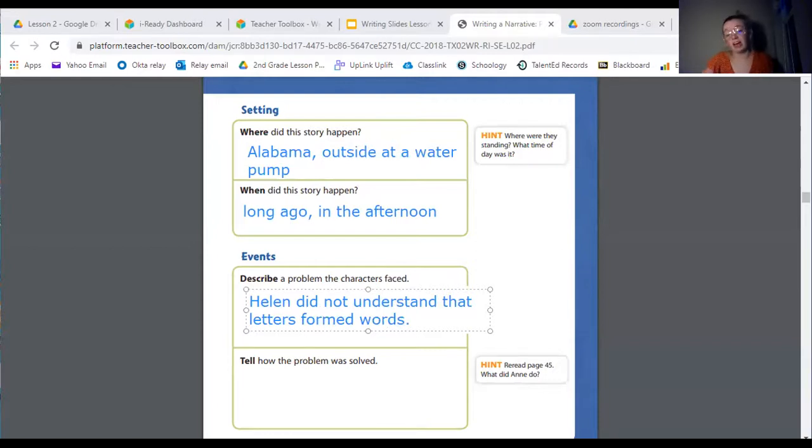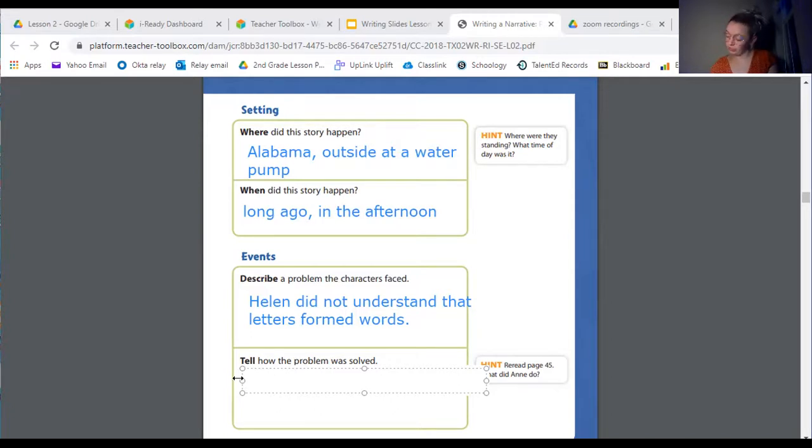That's the problem that I noticed from our story. And how was this problem solved? How did the problem get solved? If you need to pause the video to go look back in the text, feel free to do that. And then come back when you have an idea of how the problem was solved.